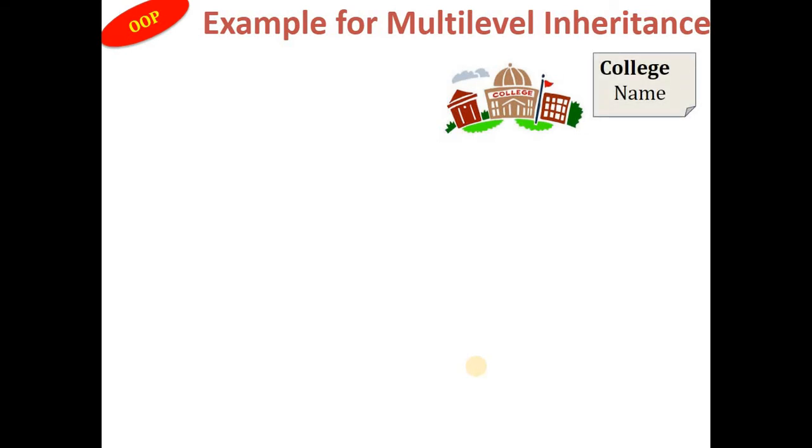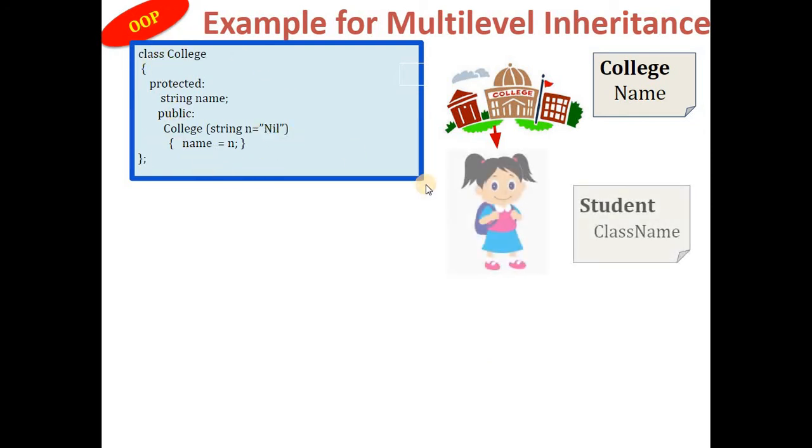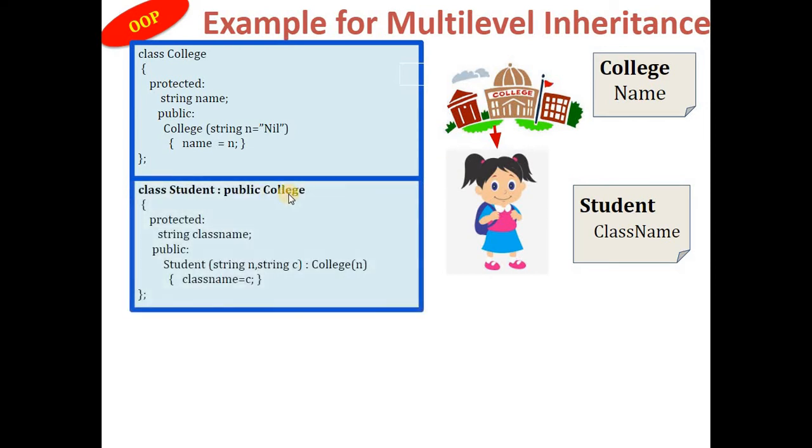Now for example, for multi-level inheritance, suppose you are having a college name, for the college name you are declaring its own class, class college, then you are having class student. So class student is sharing the properties from class college, that is why we declare class student colon public college, deriving its properties and defining its constructor, calling the base class college.